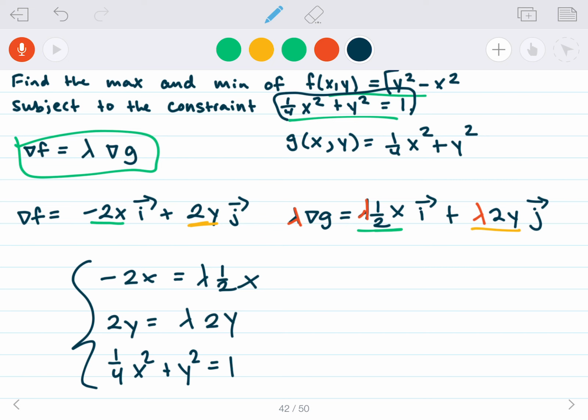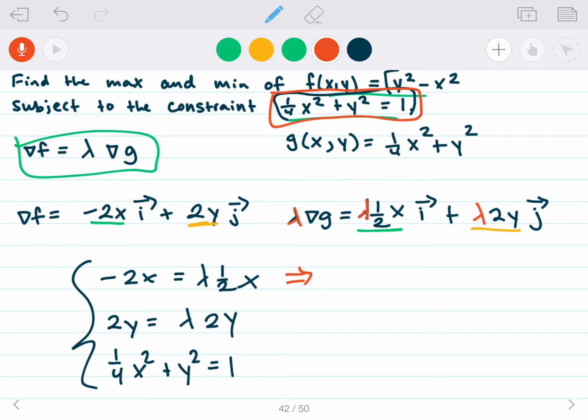The first thing I want to recognize in equation 1, and you might be tempted to do this, you might be tempted to divide both sides by 1/2 x to get lambda alone. What you're implicitly assuming is that x cannot be 0. However, x is allowed to be 0 here.